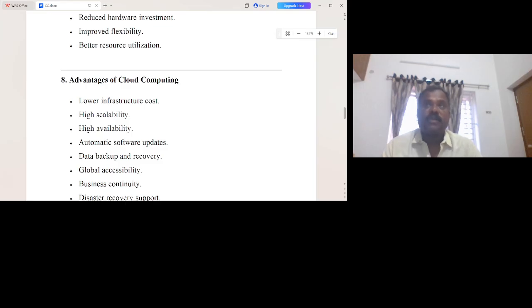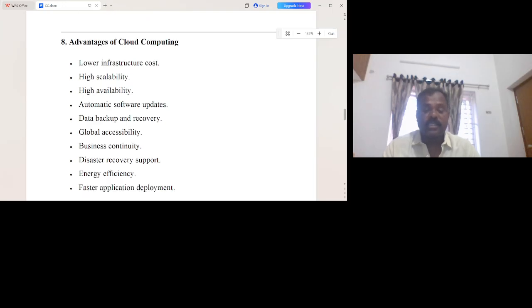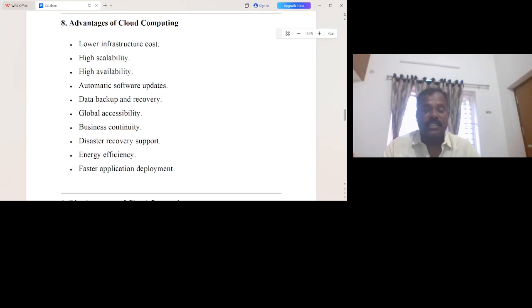Then the advantages of cloud computing services: lower infrastructure cost, high scalability, high availability, automatic software updates, data backup and recovery, global accessibility, business continuity, disaster recovery support, energy efficiency, and faster application development. The main ones are data backup and recovery, global accessibility, and disaster recovery support.